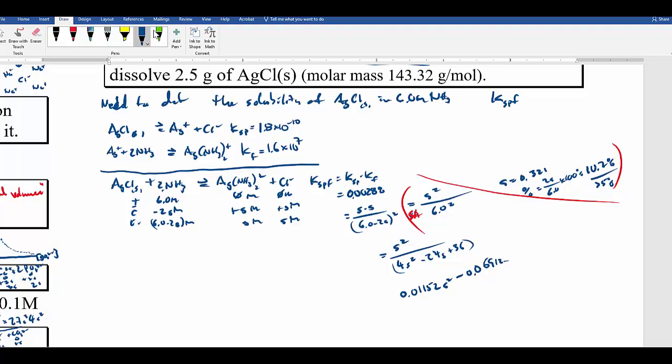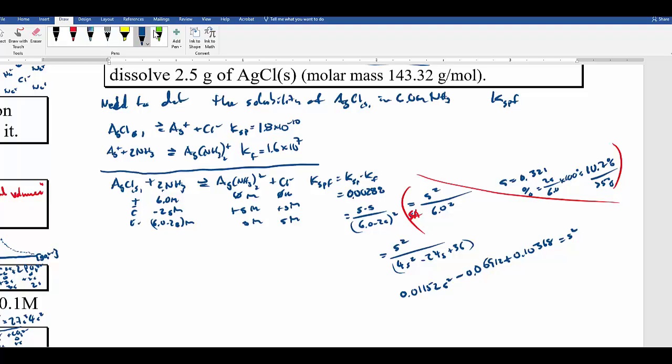Then 36 times 0.00288, 0.10368 is equal to s squared. Let me double check my first calculation. 4 times 0.00288. Yeah, that's right.